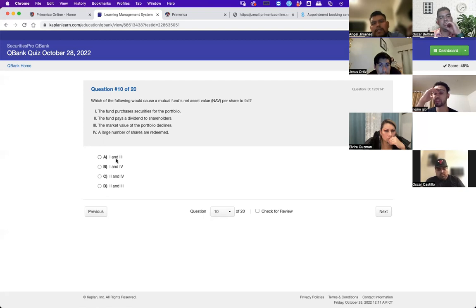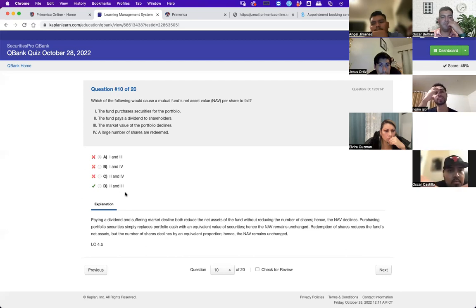They're giving back to their investors. So they're not losing money, they're actually gaining money because more people are willing to invest in that company. So that's not really going to make the net asset value drop. It would actually increase it, wouldn't it? So it can't be D. All right, cool. So sounds like maybe A, right? Yeah. It's D. What? How? Explain that to me. You were on the right track, but it was just the other way around.